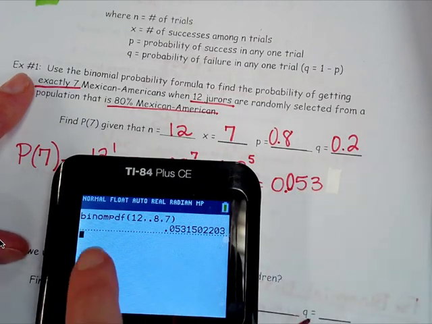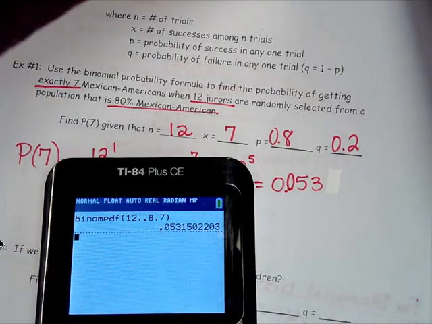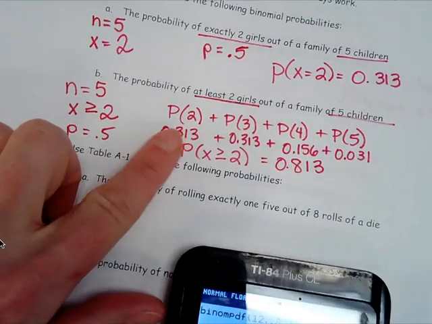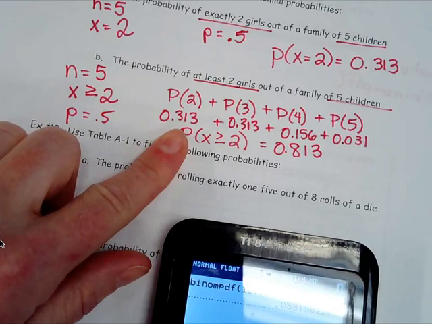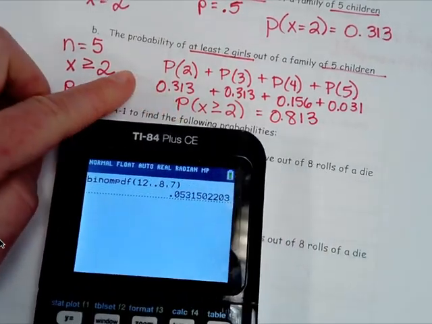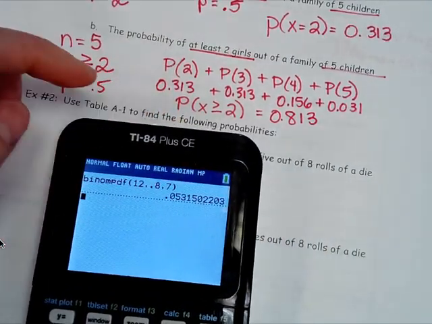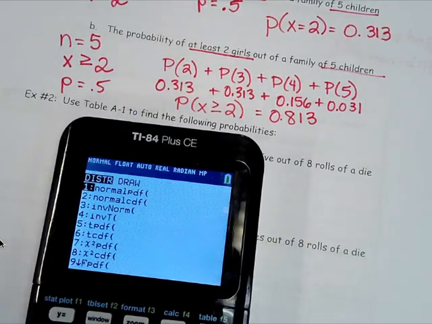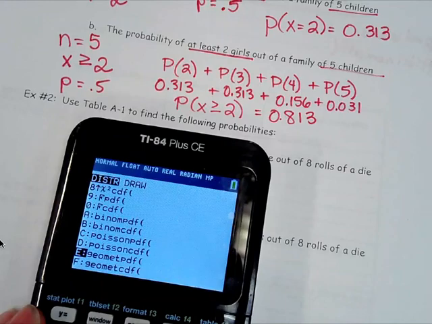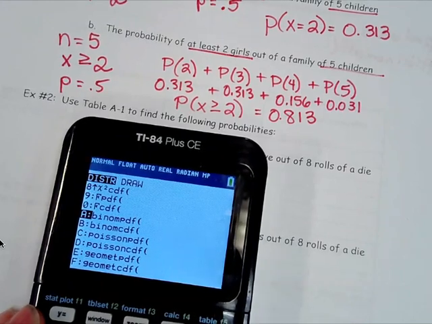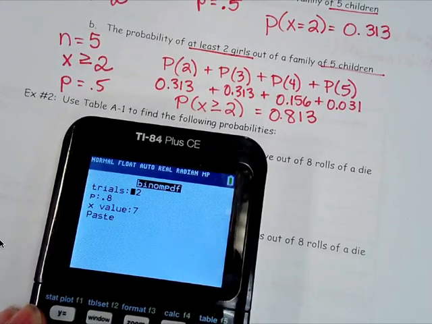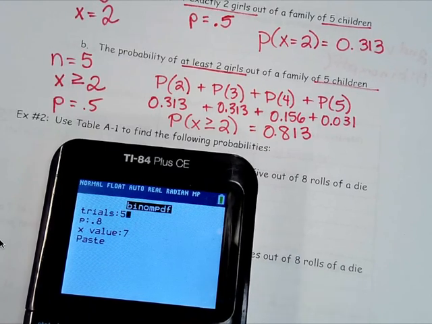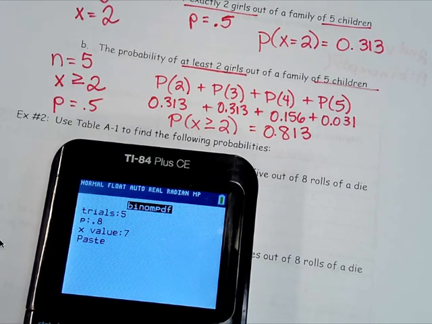So this is the one that we can use to find each. If we want to find multiple, though, you're going to have to do each one individually and then add them together. So go second vars. We're going to go back to binomial PDF. And on this one, we had 5 children. Probability of success was 0.5.